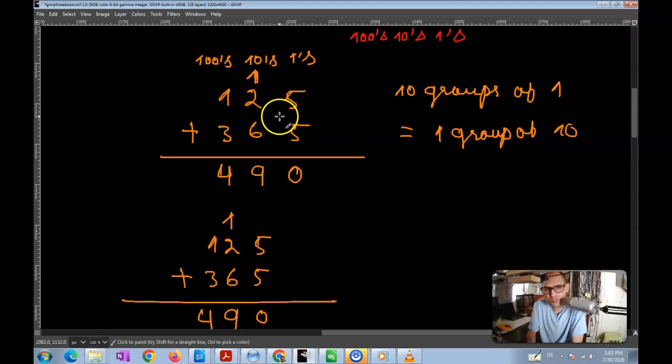Yeah, you need to understand that, because otherwise you will not be able to understand, for example, long division. Later on we're going to do long division, and if you do not understand these carryovers that happen in addition and subtraction, then you're going to be stuck in the long division algorithm.